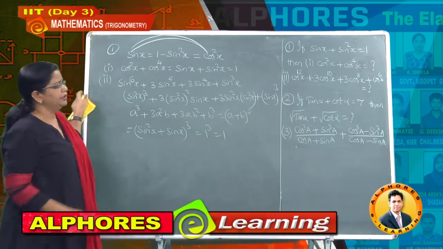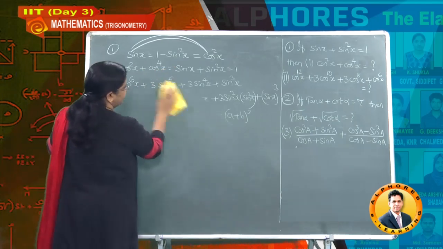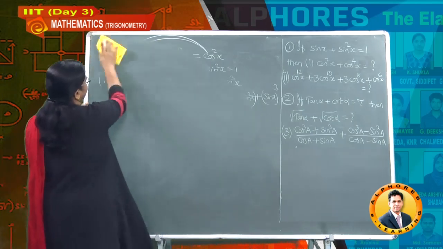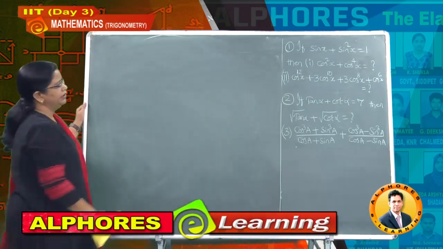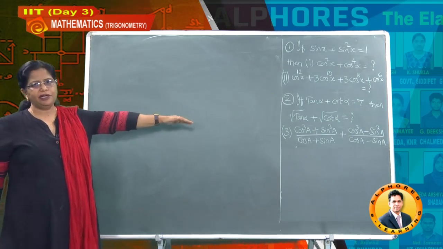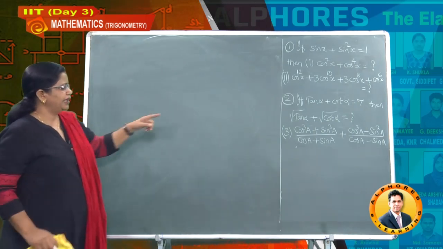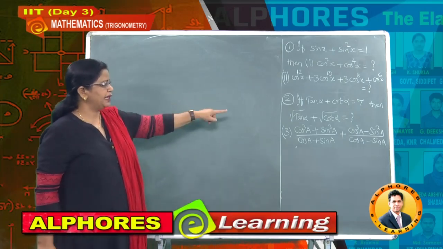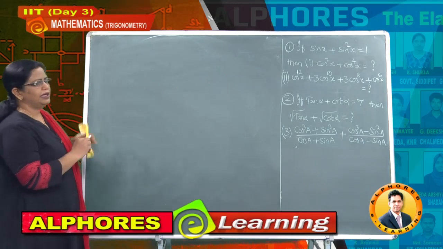Okay students, now let us go for the second problem. In the second problem, it is given as tan alpha plus cot alpha equal to 7. Then they asked you what is the value of root tan alpha plus root cot alpha. Now directly if you want to substitute tan as sin by cos, cot as cos by sin, the problem will take a lot of time.